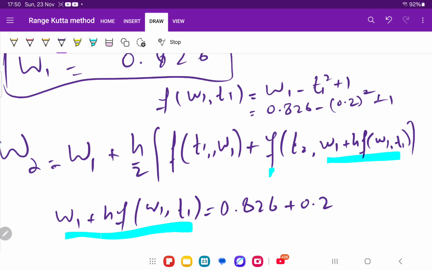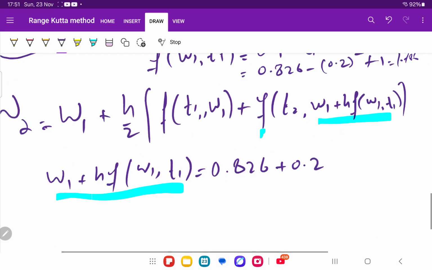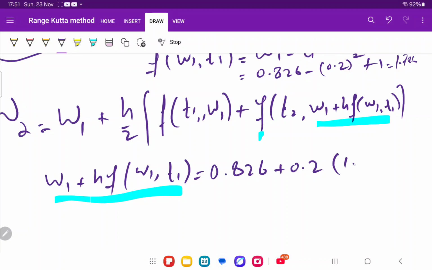What is this number? 1.786. This number will be used here. By solving, what are we getting?